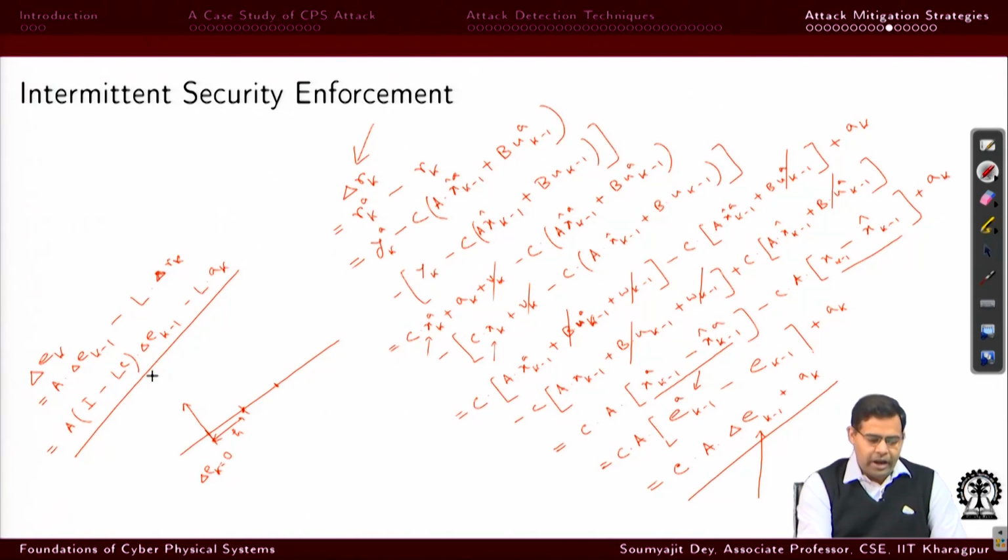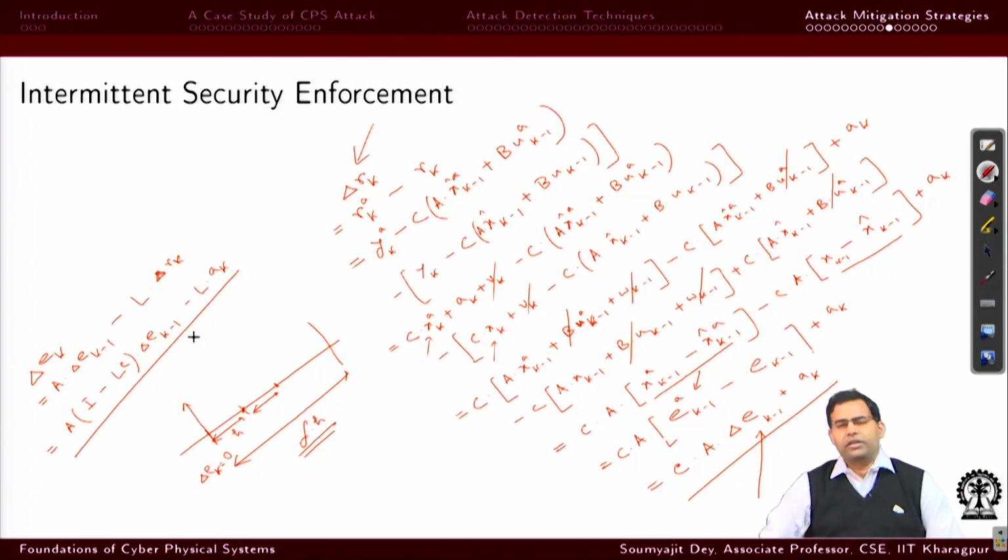So, if I keep on adding this term over multiple iterations, let us say over some window of length f, that means f times h on the timeline, then this entire quantity is getting into the system and then again the system is evolving and then again another error is coming up like that, right. So, that much error is getting accumulated into the system due to the attack, right.